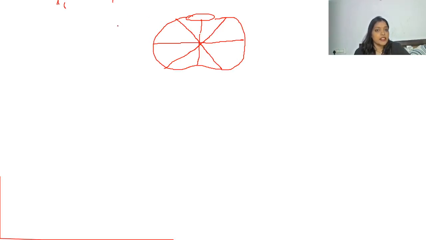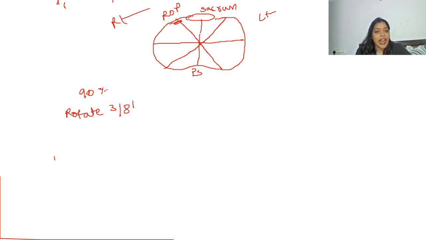If you take this as right and this as left, this as the sacrum and this as the pubic symphysis, if the occiput is ROP, what percentage of babies will rotate by themselves to come into occipito-anterior position? 90% of the babies will rotate 3/8 anteriorly, and it will deliver as occipito-anterior.